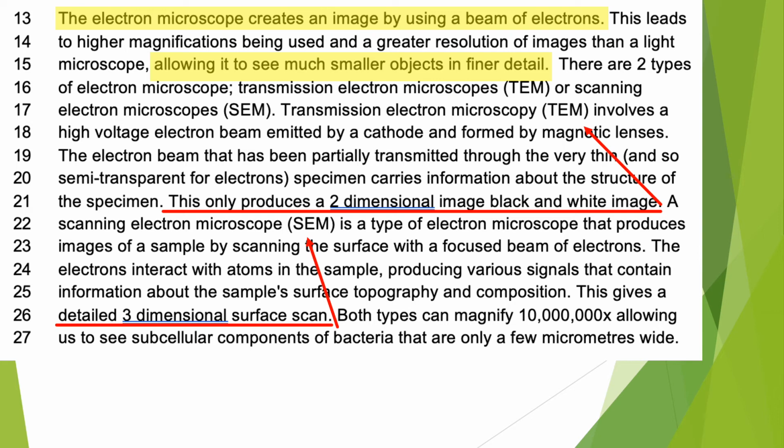And I'll just tell you the biggest one. So TEM, which produces a 2D image, you're able to see the insides of that cell. Kind of like if you were to slice open an apple, you'd be able to see the insides of it. Okay. But an SEM, you can only see the surface of a cell.